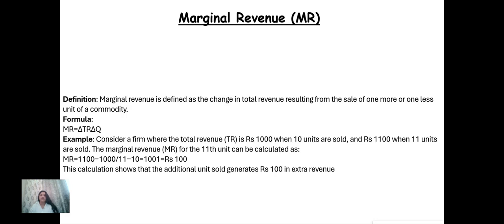So MR is equal to, we just put the values in the formula: 1100 minus 1000, divided by 11 minus 10, which gives 100 rupees. It shows that the additional unit sold generates rupees 100 in extra revenue.